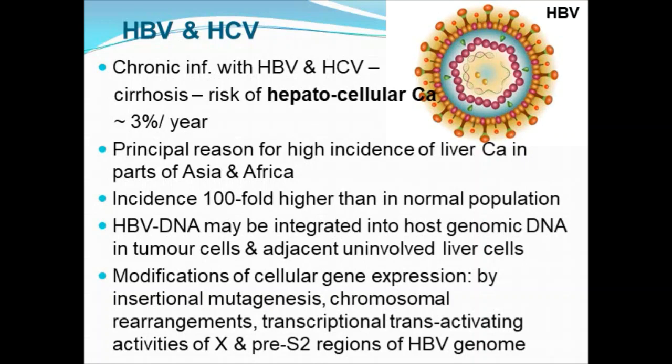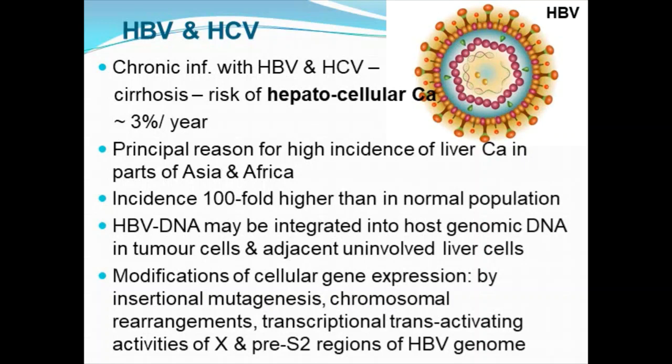These hepatitis viruses are the principal reason for the high incidence of liver cancer in parts of Asia and Africa. Incidence is 100-fold higher than in the normal population in patients who harbor hepatitis B or hepatitis C viruses in their liver.